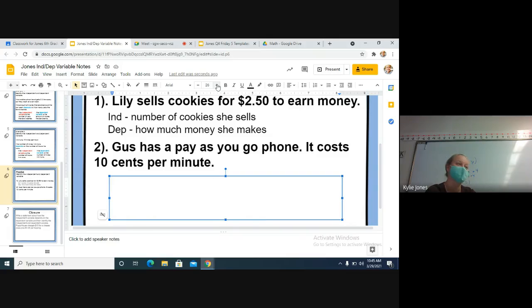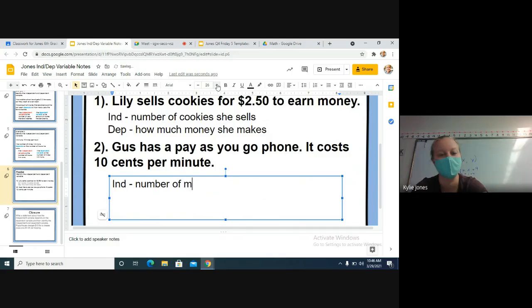The money depends on the talking, because if I talk for 1 minute, it's 10 cents. If I talk for 60 minutes, it's $6, right? So our independent variable here is the number of minutes you talk.